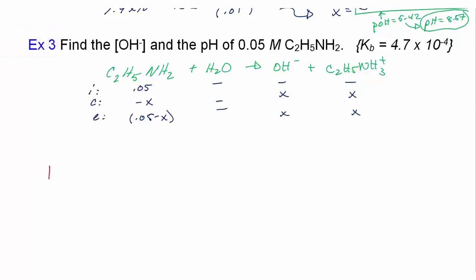Set up my Kb expression. That's 4.7 times 10 to the negative 4. Products over reactants, x squared over 0.05 minus x. We're at 10 to the negative 4, so we can drop our negative x.